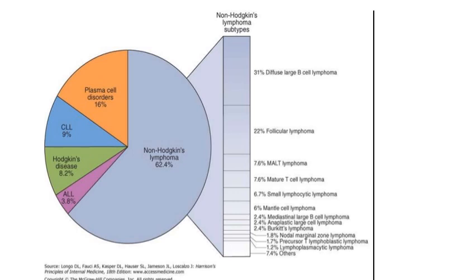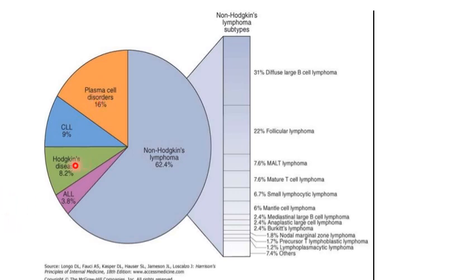If you look at this circle, it illustrates that the largest share is non-Hodgkin's disease, which comprises more than 60% of lymphoproliferative disease, followed by plasma cell disorders, myeloma and other diseases, which I described in my previous lecture.